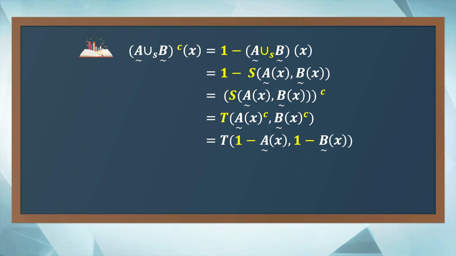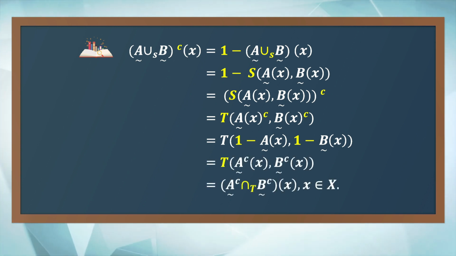The complement of B(x) is the same as 1 minus B(x). By the definition of complement of fuzzy sets, 1 minus A(x) is the same as the complement of A at x. 1 minus B(x) is the same as the complement of B at x.